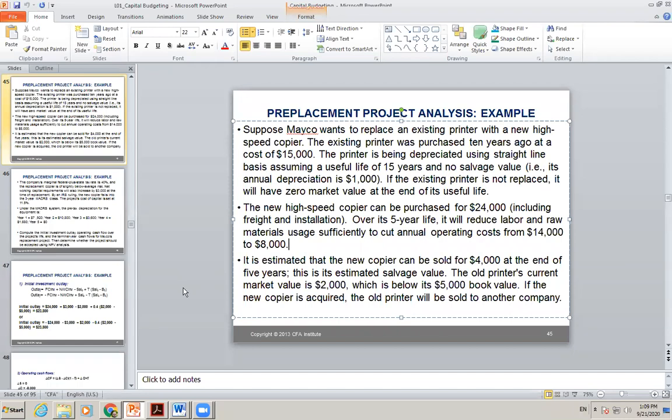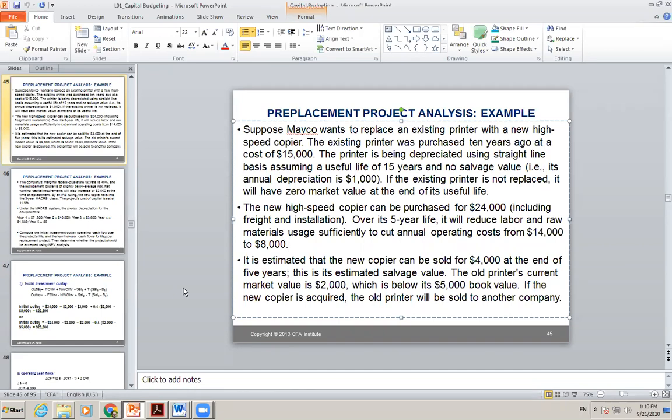So your aim is to use this new printer for 5 years, and at the end you'll be able to sell it for $4,000 at the end of the 5th year. This is the estimated salvage value for the new printer.